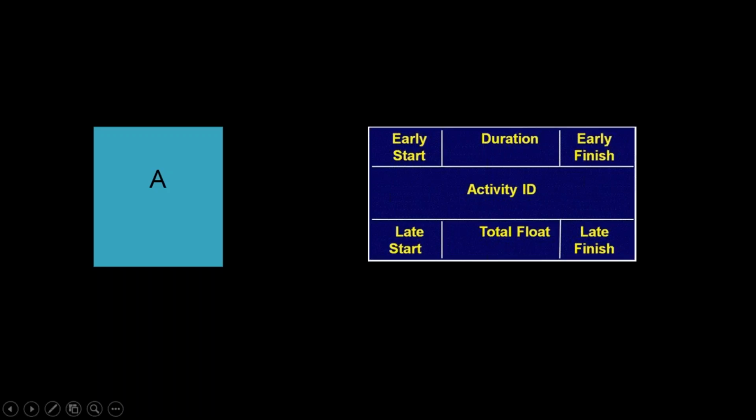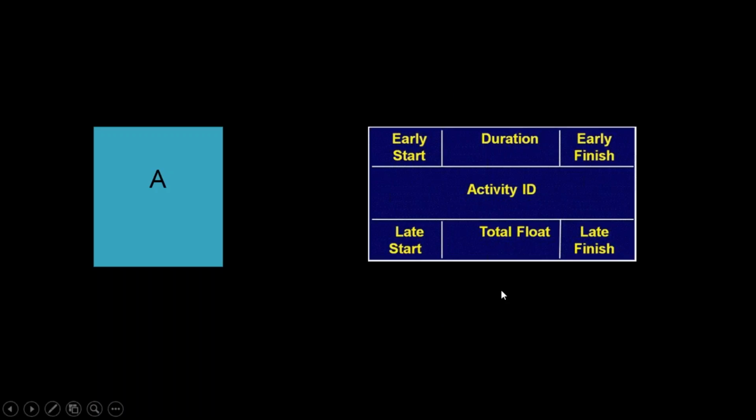What does that mean? The absolute earliest day that I can start a task and the absolute earliest I can finish it. I'm going to figure that out on the forward pass. On the backwards pass, I'm going to figure out the very latest day that I can start a task and the very latest day that I can finish it.